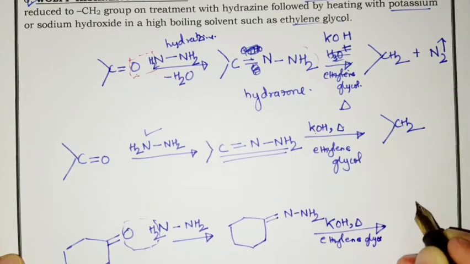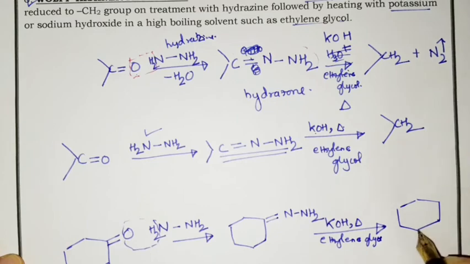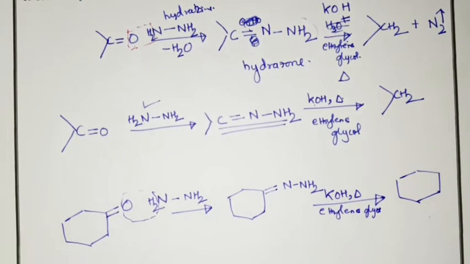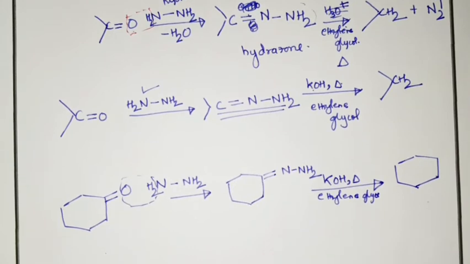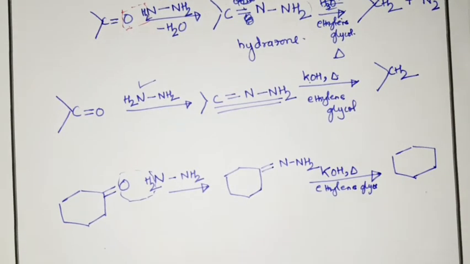So this whole change, again at the end H comes, no need to write H, you will get cyclohexane. Okay, so again suppose you have CH3 CO CH2 CH3.